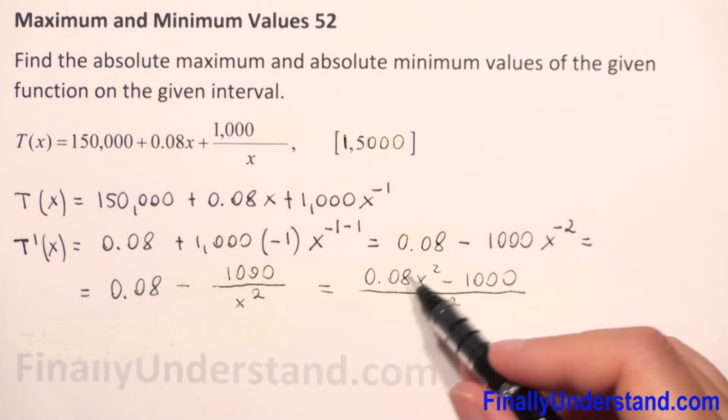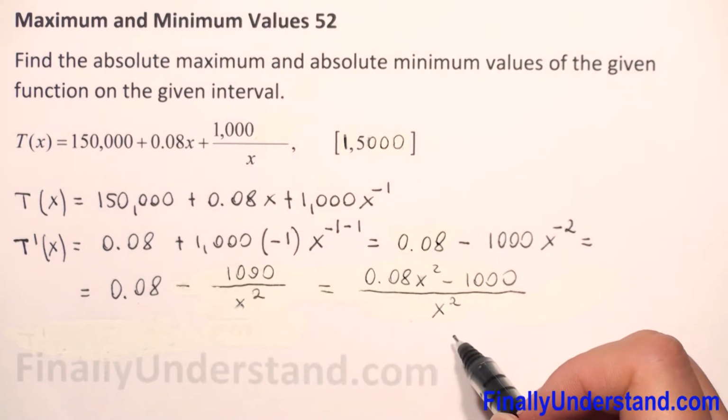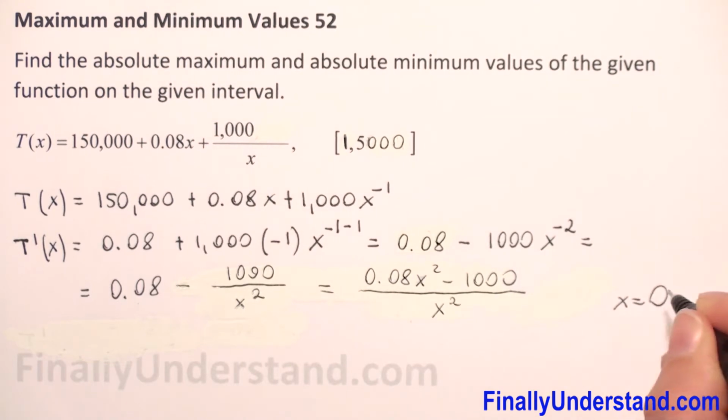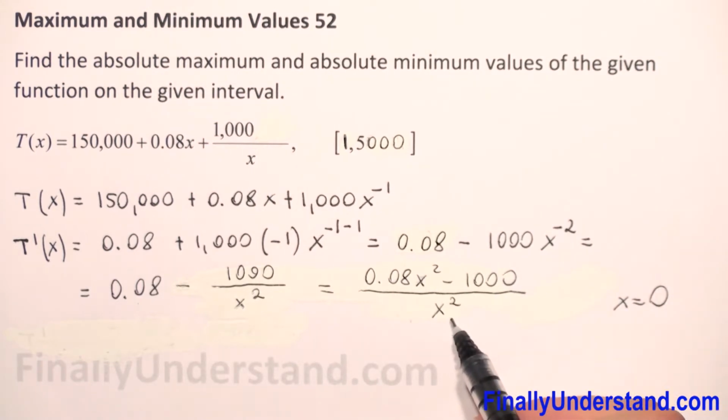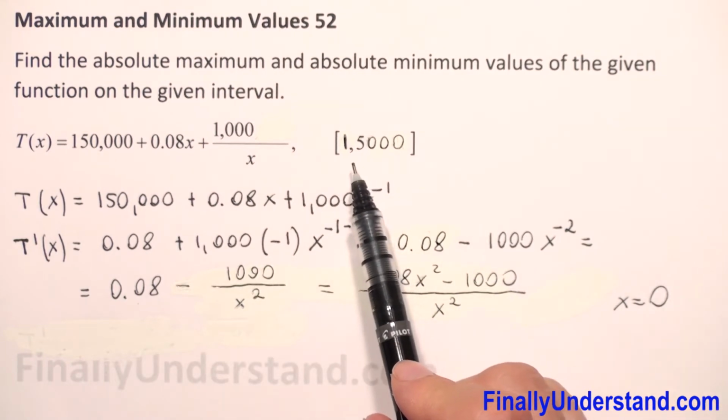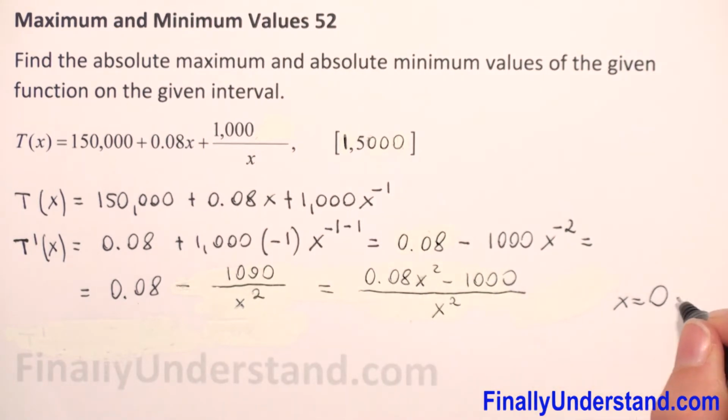So we see that our first derivative doesn't exist for x equals 0 because we cannot have 0 in the denominator. But 0 doesn't belong to our interval, so this x equals 0 cannot be a critical point. For more critical points, we have to set our first derivative equal to 0.